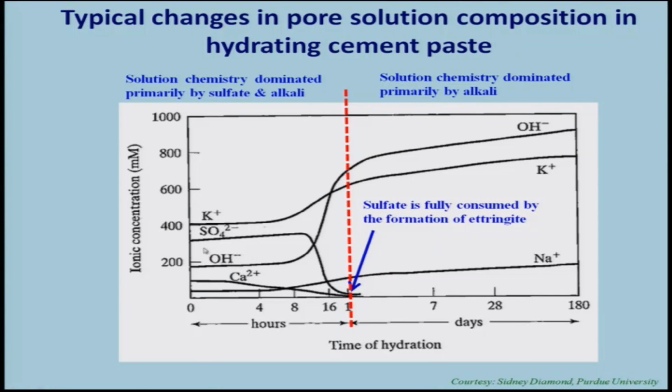In the case of sulfates, since gypsum is present in Portland cement, at the initial stages you find that the sulfate concentration is high, but this concentration is high only until the formation of ettringite. Once ettringite changes to monosulfoaluminate, this reduces and finally this also goes to 0.